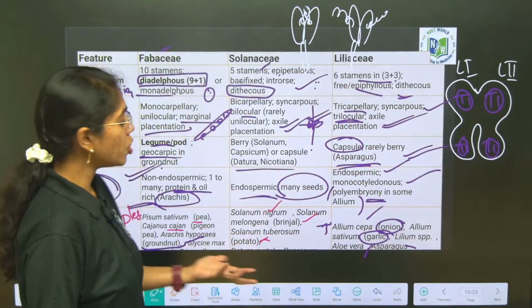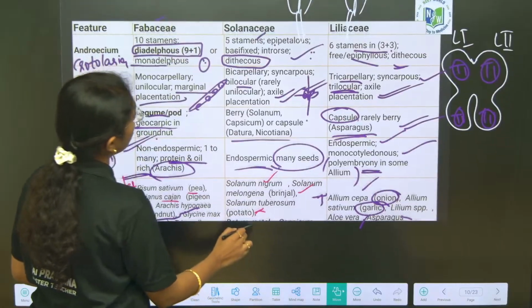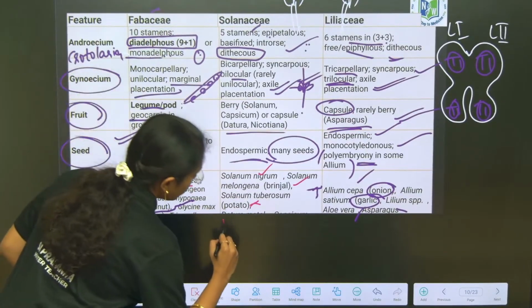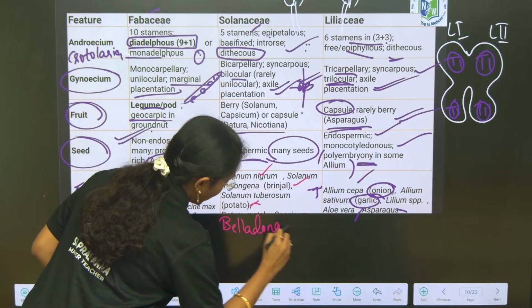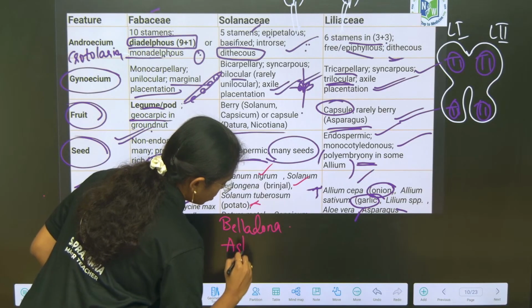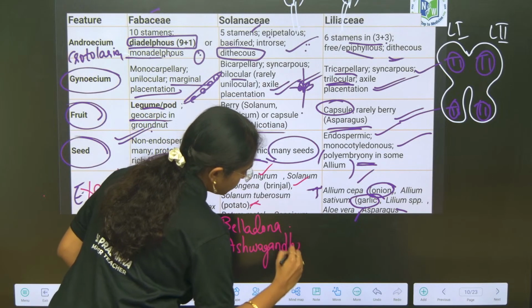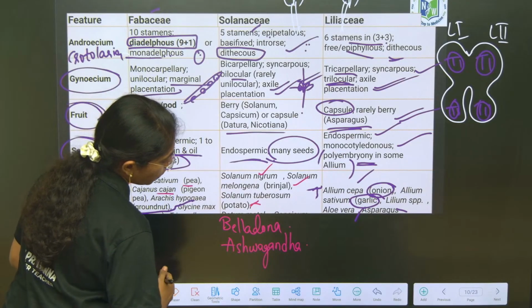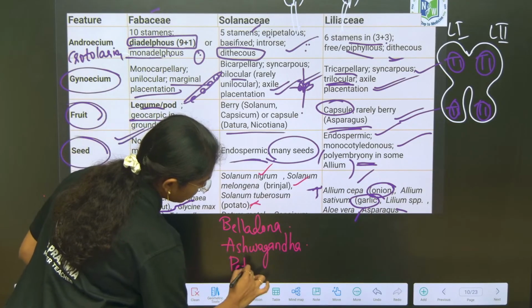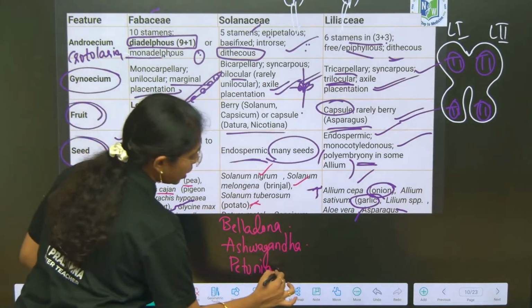Here for Solanaceae you can also take Belladonna, Ashwagandha, Petunia, fine, chili.